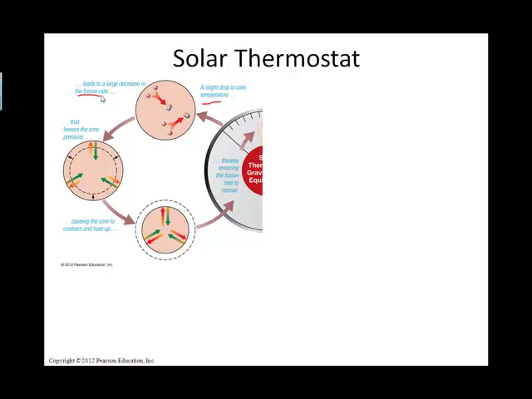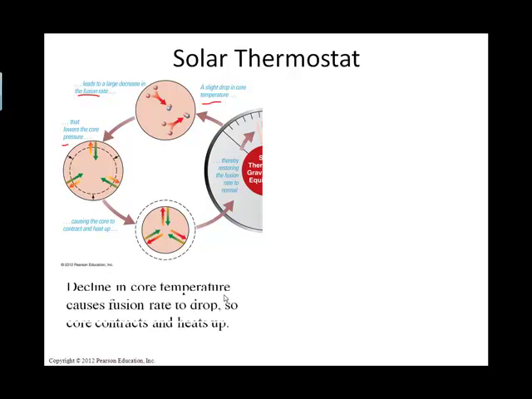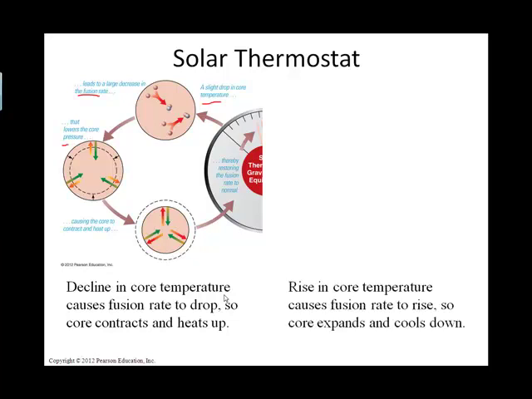As the fusion rate decreases, the pressure will lower and the core will contract, and the core contracting will make it heat up again. So a decline in core temperature causes the fusion rate to drop, so the core contracts and heats up.